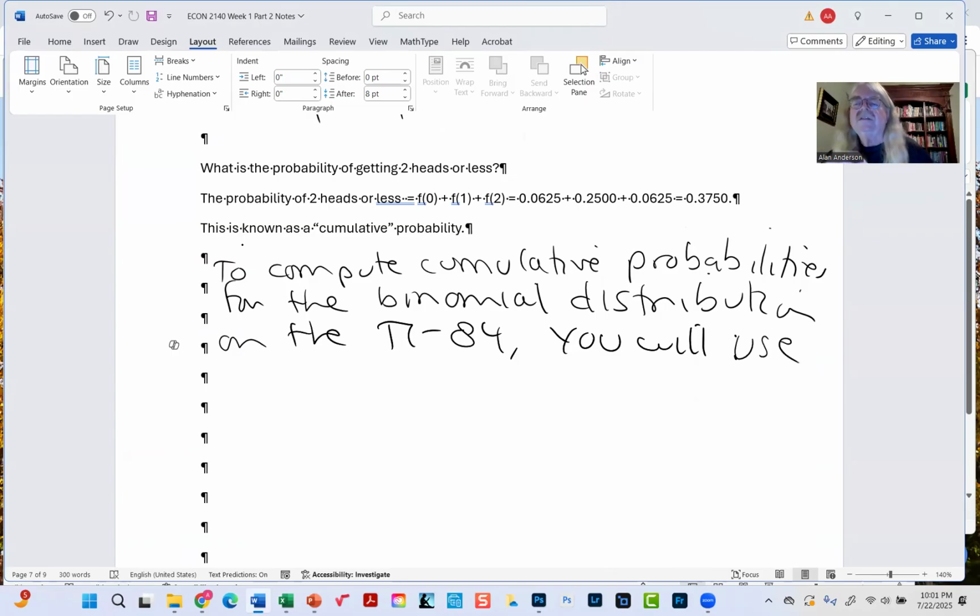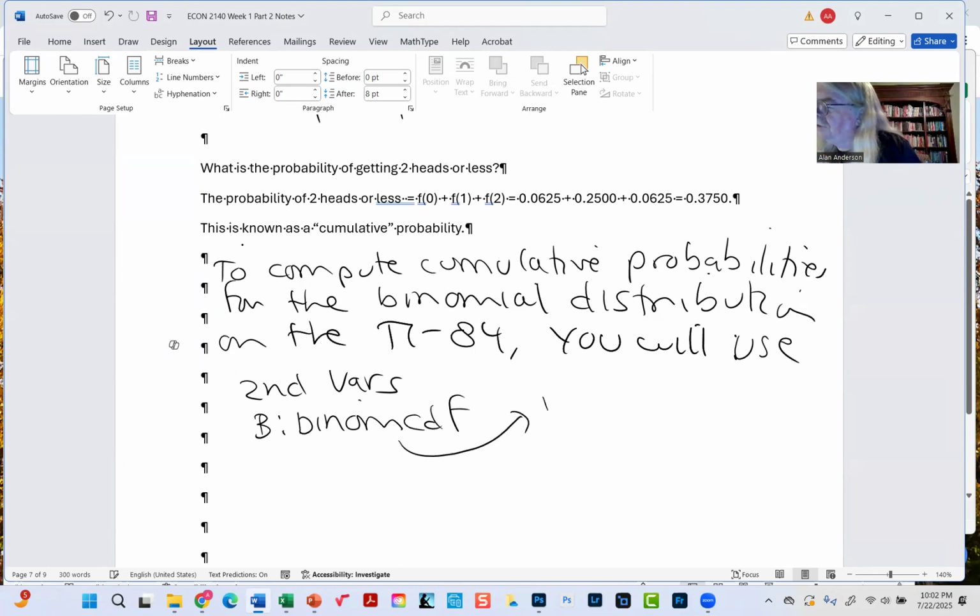Instead of binomial PDF, if you go back to second vars, you'll go down the list again, and this time you'll notice that after the binomial PDF, we have B, binomial CDF. C stands for cumulative.